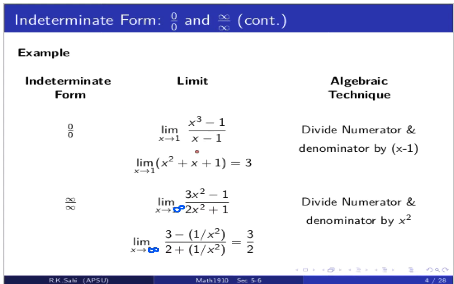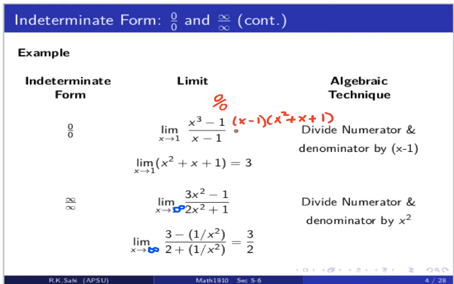The first example is the limit as x approaches 1 of (x cubed minus 1) over (x minus 1). Now when I substitute 1, what do I get? A 0 by 0 form. We have learned the technique because this is a cubic, x cubed minus 1. We can factorize it and write the top as (x minus 1) times (x squared plus x plus 1).